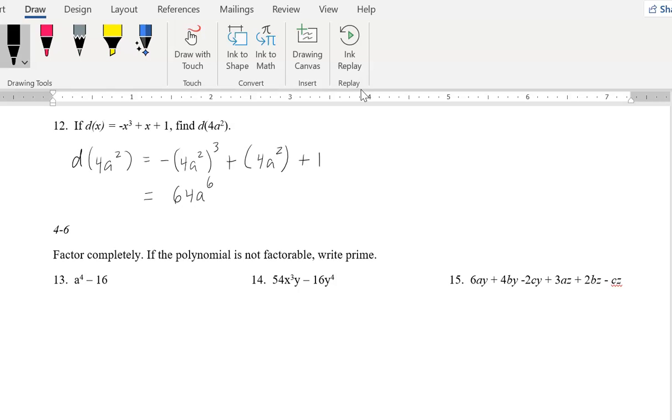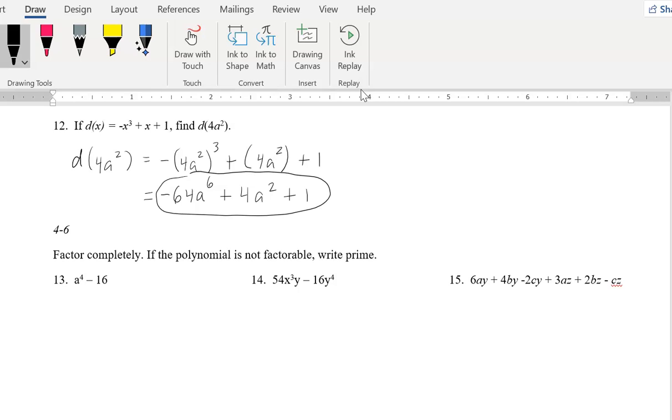Then I multiply that by -1, and it turns into -64 a to the 6th. There's really nothing else to do other than write these terms down. The only calculation occurred with this first term, so that ends up being our final answer. Whatever you're given as the input, make sure you replace all of the variables, however many there are, with this input, and then simplify.